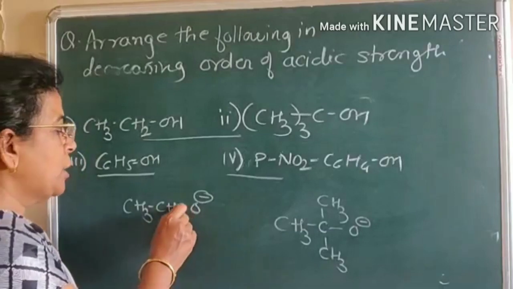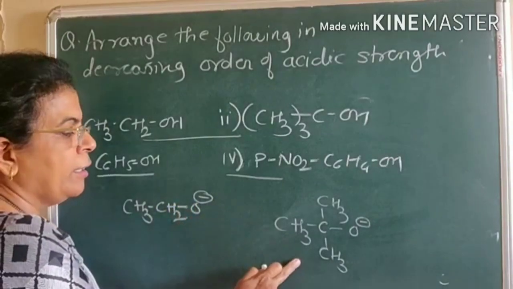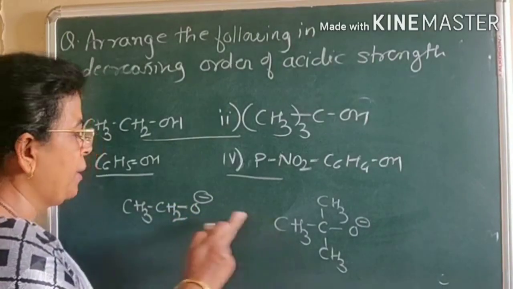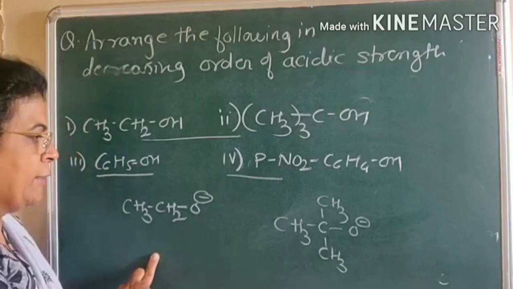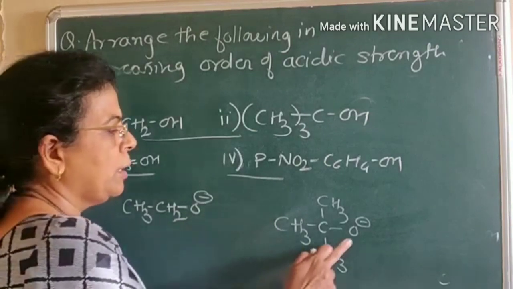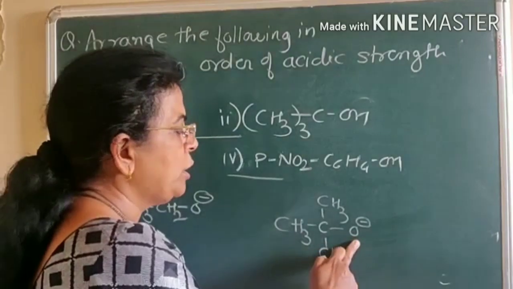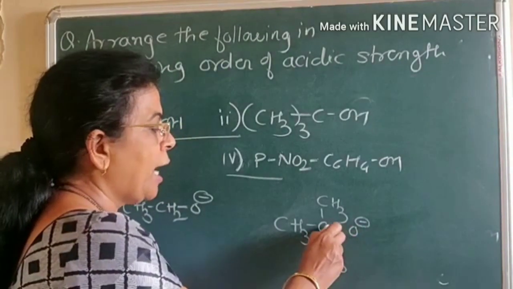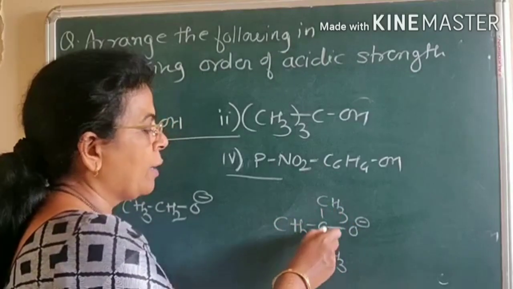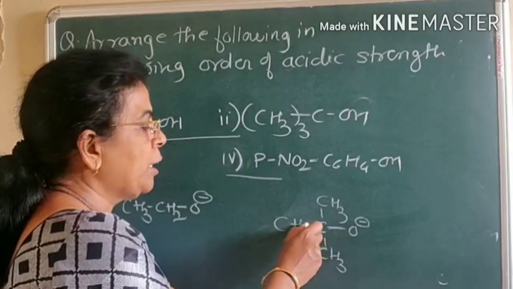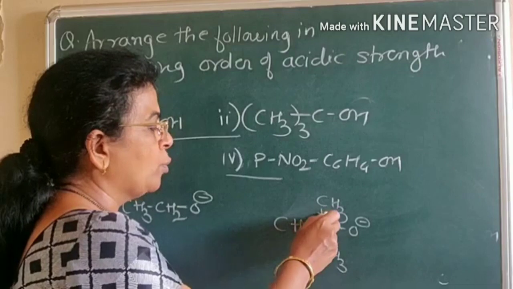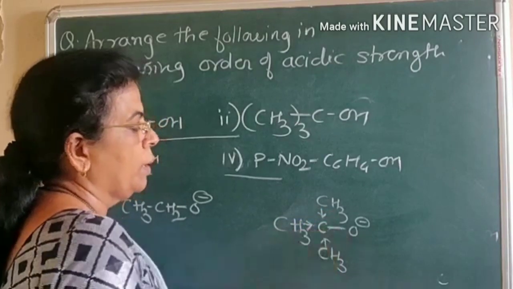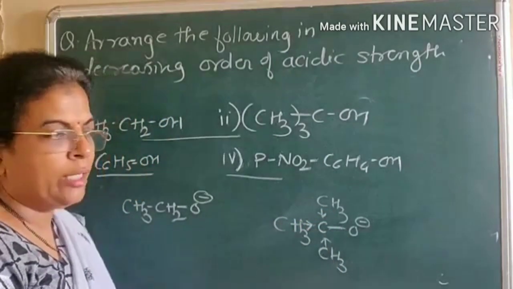Now, this tertiary butoxide ion is less stable than the ethoxide ion, because here this oxygen ion, that is the O minus ion, is attached to this 4 carbon atom group, that is the electron donating tertiary butyl alkyl group.